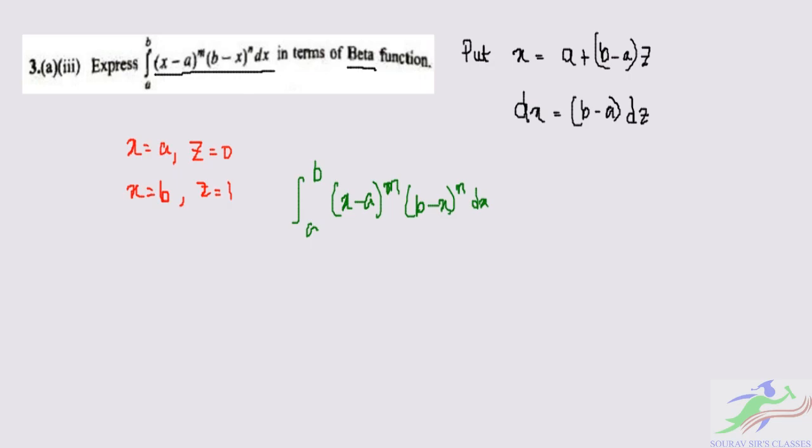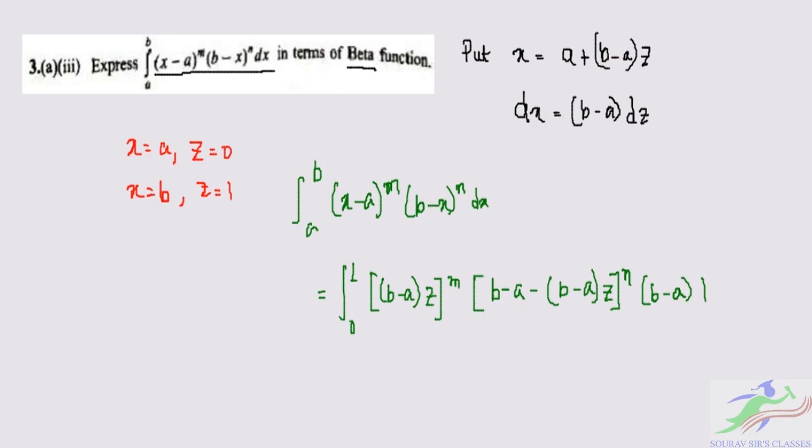So in the first instance, the integral will be from 0 to 1, and it will be ((b minus a) z) to the power m, and then ((b minus a) minus (b minus a) z) to the power n, times (b minus a) dz, right?